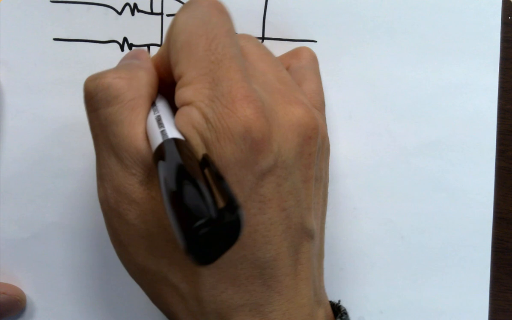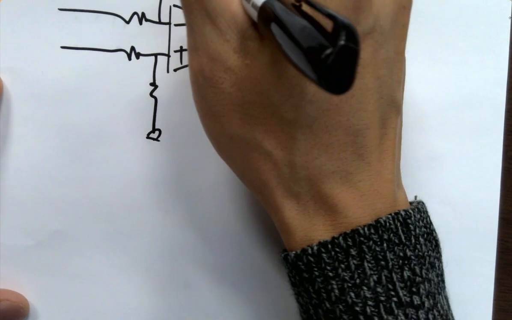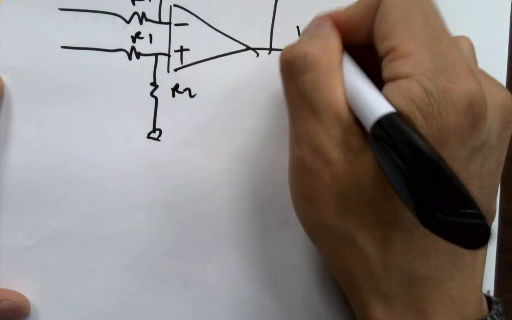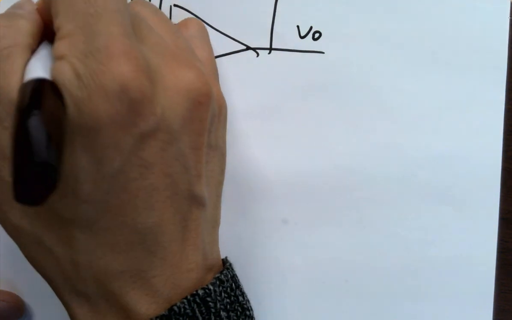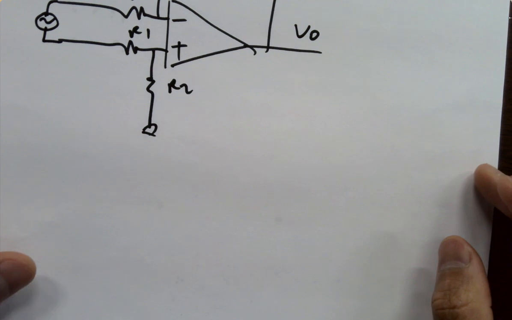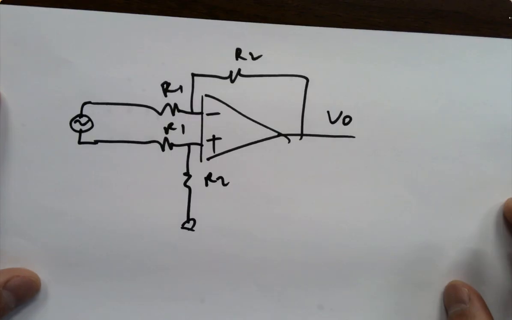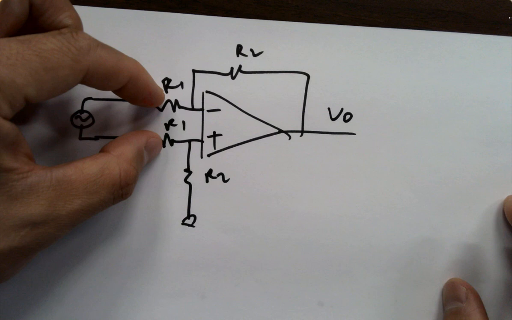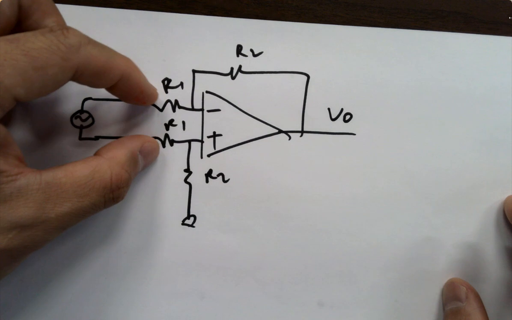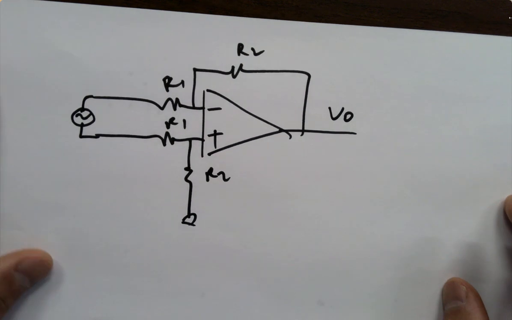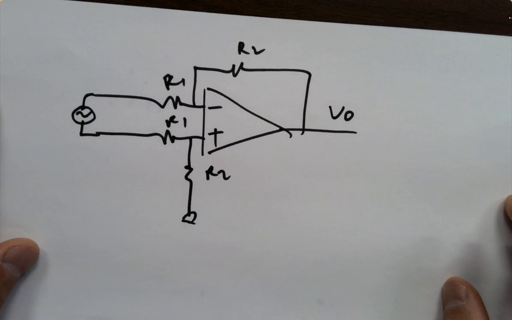As a differential amplifier, or difference amplifier. R2, R2, R1, R1, Vout. What's happening is you just connect your sensor over here, and the voltage difference is getting amplified. Okay?